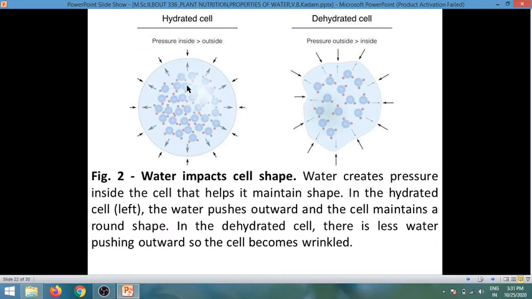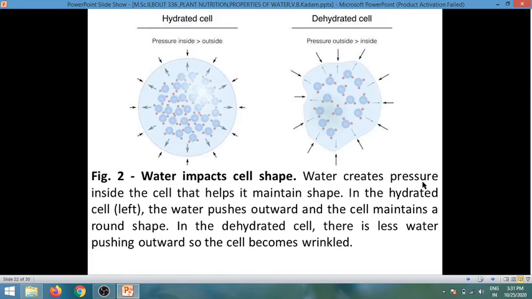See, in this figure, this is the hydrated cell, and in this figure, the cell is dehydrated. In hydrated cells, the cell is fully filled with water, and the water creates pressure inside the cell towards the outside. Water impacts cell shape.